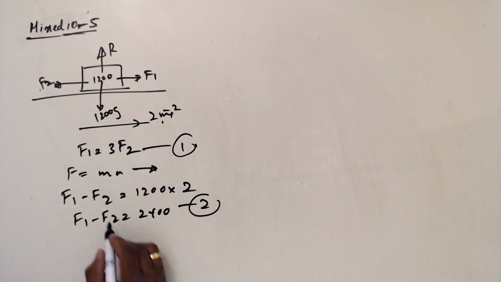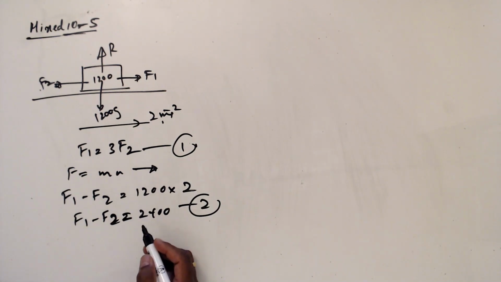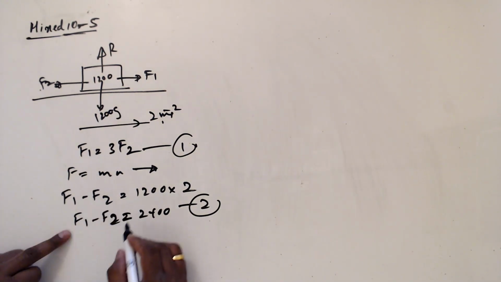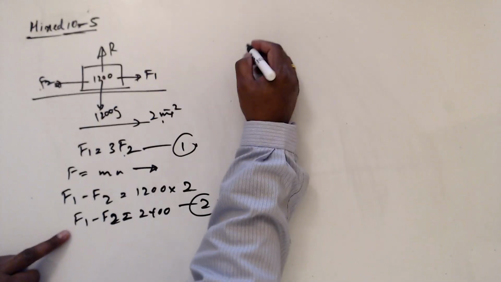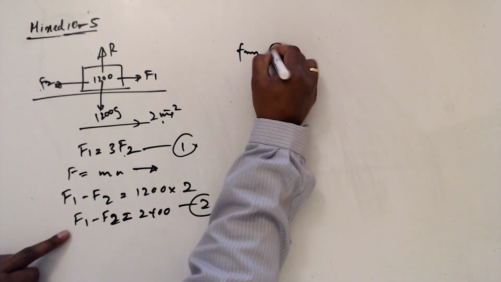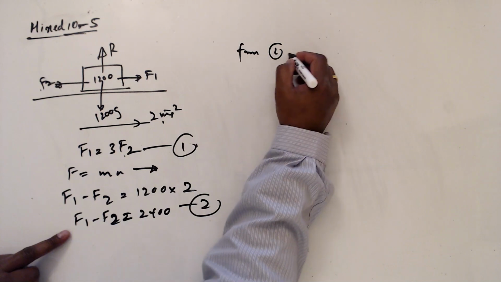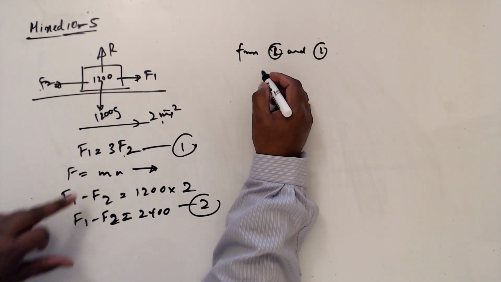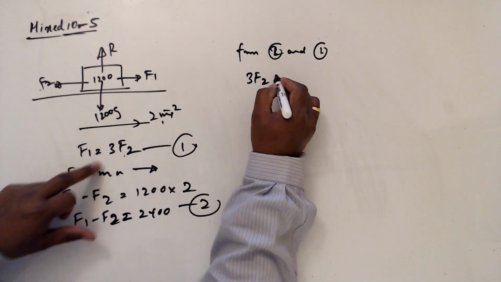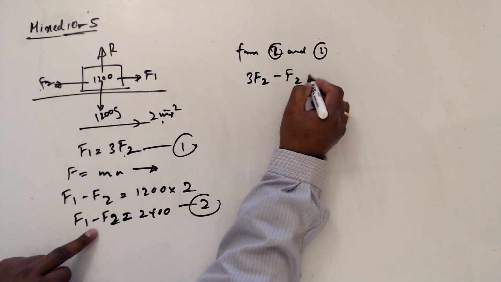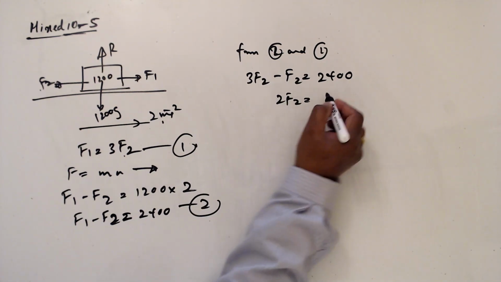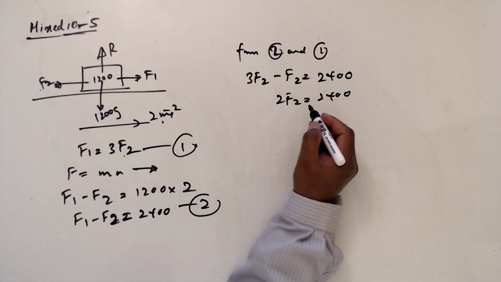So my plan is, I'm going to find F2 first. F1 is 3F2. So from 2 and 1, F1 means 3F2. 3F2 minus F2 equals 2400. 2F2 equals 2400.